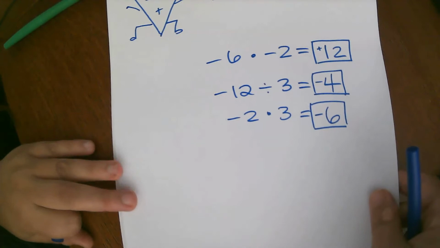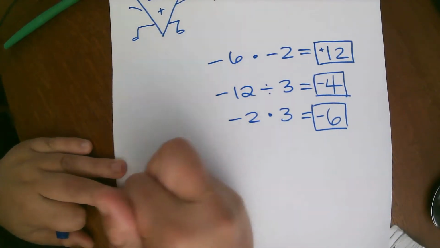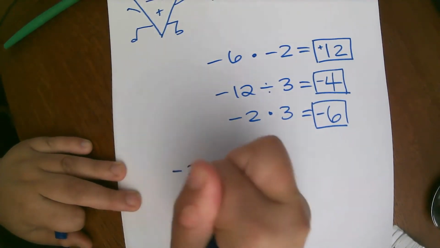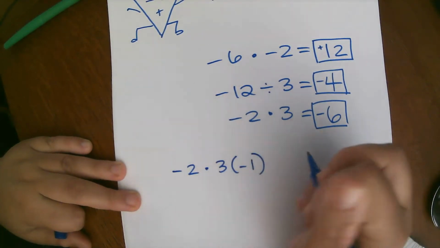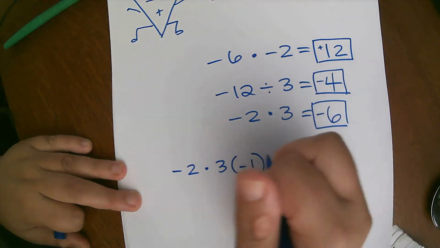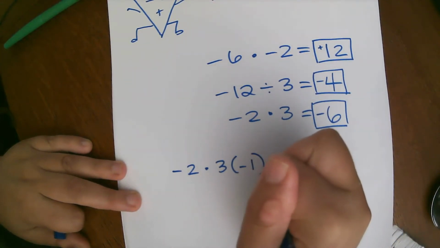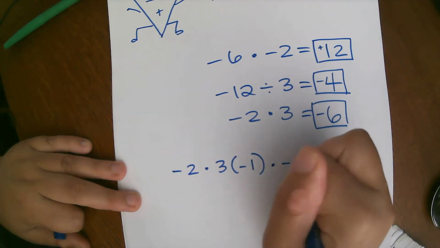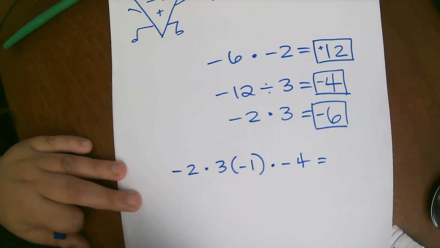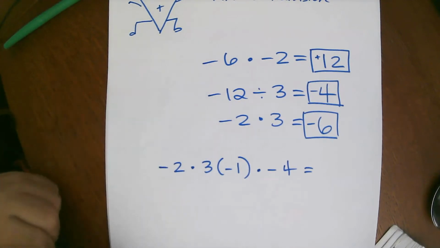Okay, we can look at even more complicated problems, so we can do something like -2 times 3 times -1 times -4. I don't know, I'm just making it up. We'll just do multiplication, right?